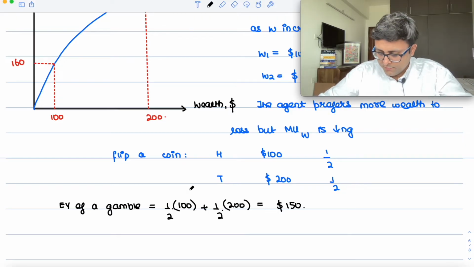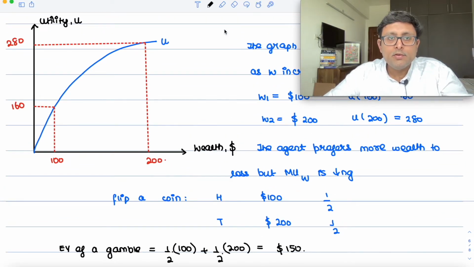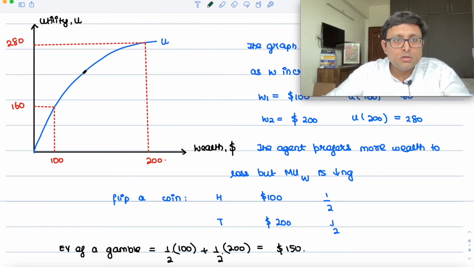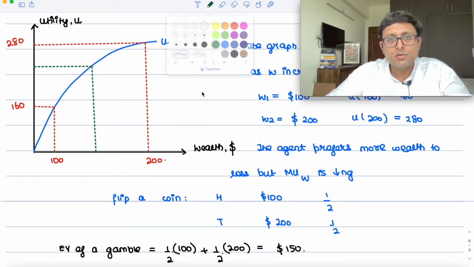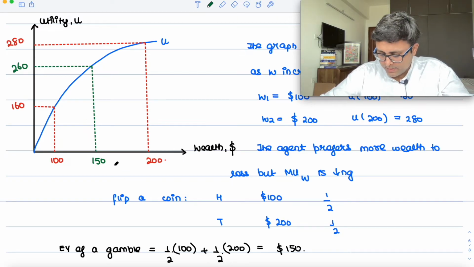The expected value of this gamble is $150. Let us say it lies somewhere here, and the utility which you derive from this $150 is, let's say, 260. Up until now there's nothing much.